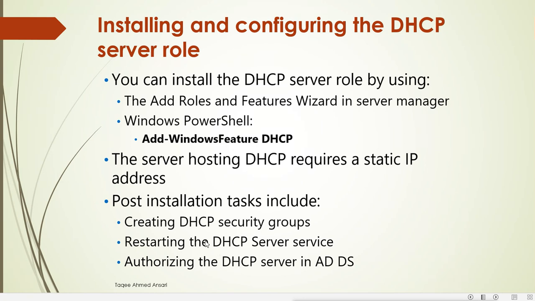That option will come after installing the role. So when the installation of the role is finished, it will ask you to configure the post-installation task. When you select it, it will ask for the options and it will do this. It will create the security groups and it will authorize the DHCP server in the domain.